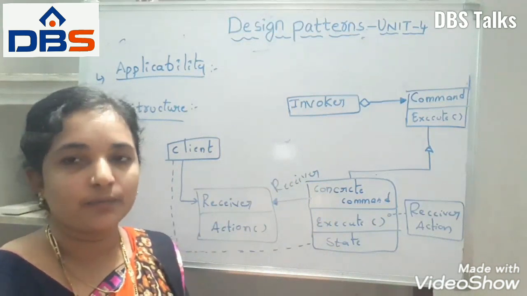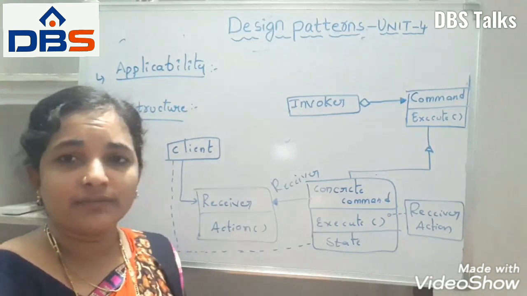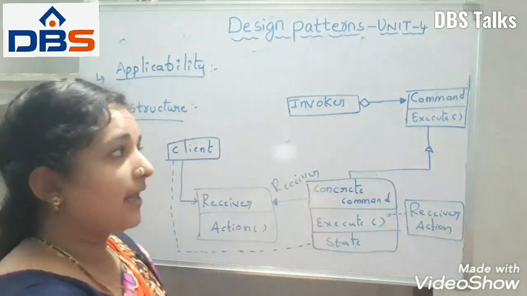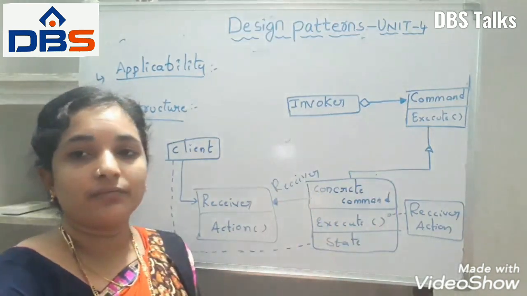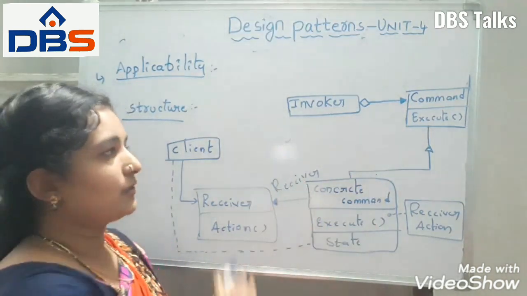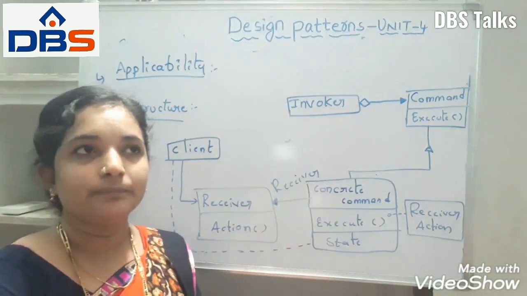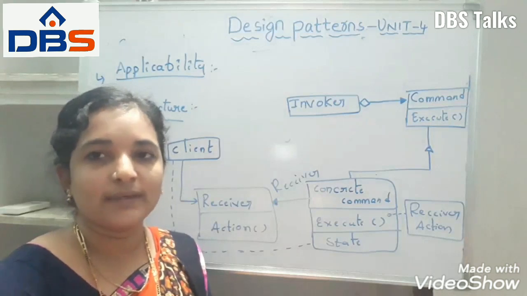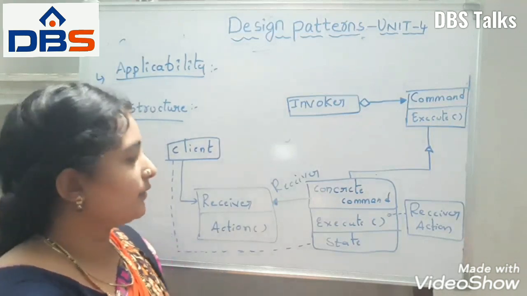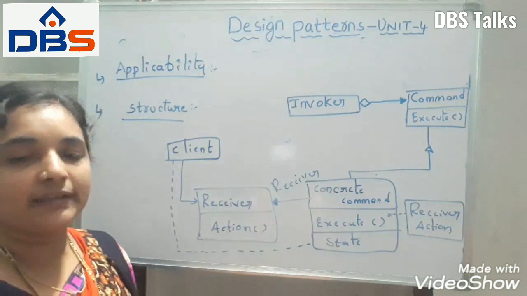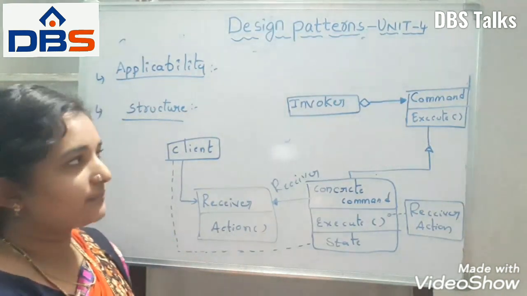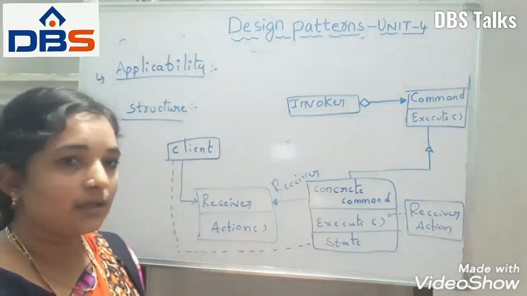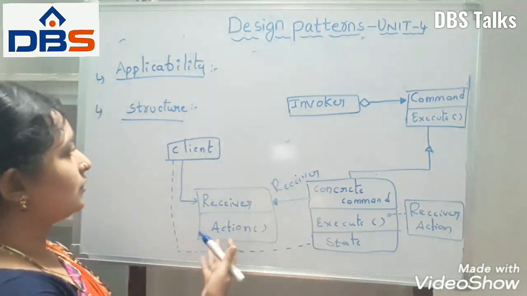These are called the different types of commands, and that is nothing but the invoker. Whatever command request we give is passed to the invoker, and the invoker doesn't know how to handle it and how to provide the service to the user. In this we have a receiver, and this receiver takes that command request from the invoker, performs the actions, and executes as per the client. So this is called a structure.